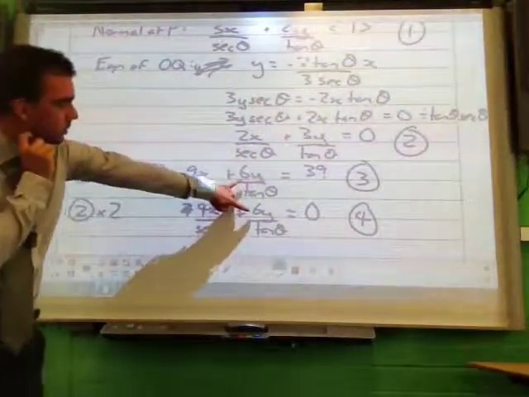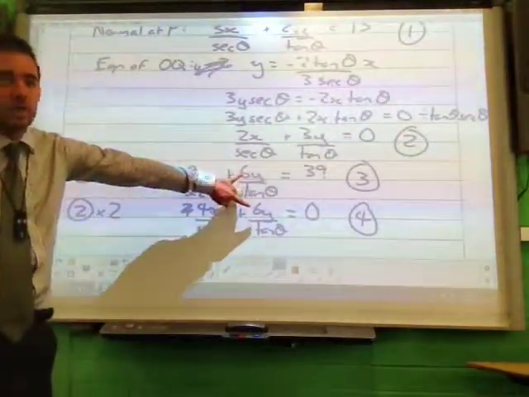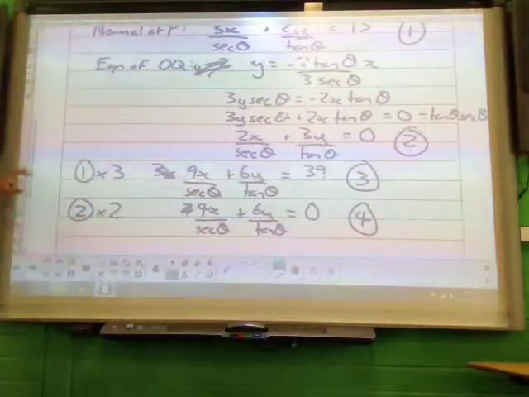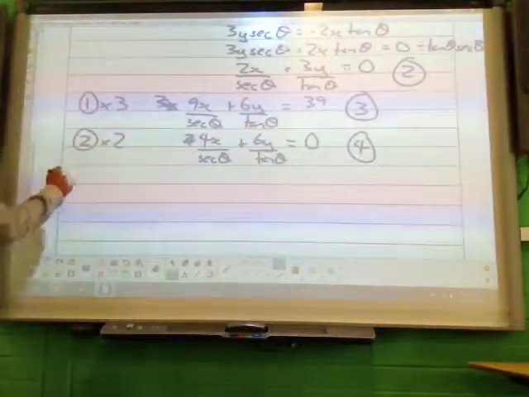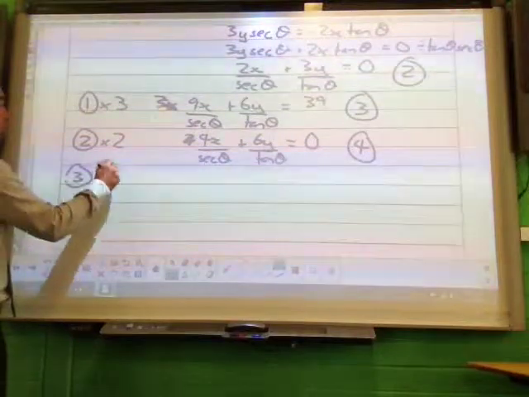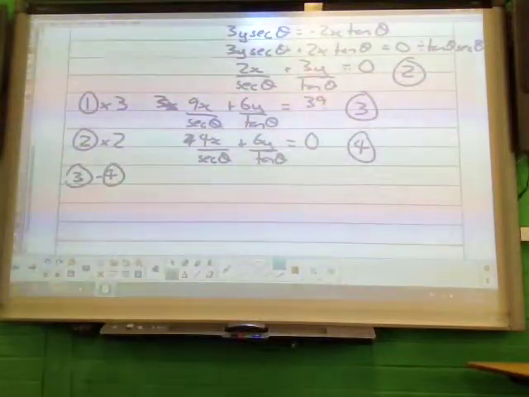Okay, so I've set it up so 6 and 6 is the coefficient of y. So if I do an elimination of that by doing a subtraction, 3 take away 4, I'll eliminate the tan theta variable.